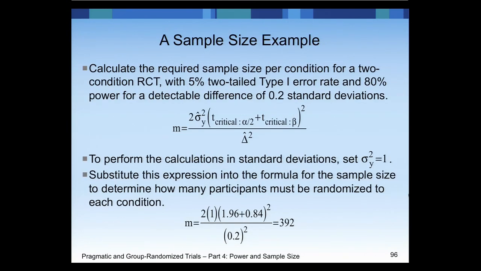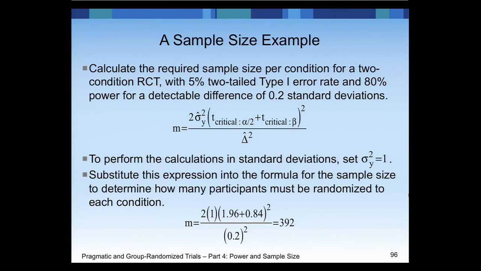Let's calculate the required sample size per condition for a 2-condition randomized clinical trial first, with a 5% type 1 error rate, 80% power. You've seen the formula that's used. It's the standard formula. To make things simpler, I'm going to work in terms of standard deviation units and set sigma squared y to be 1.